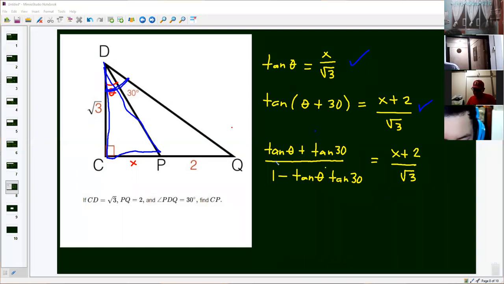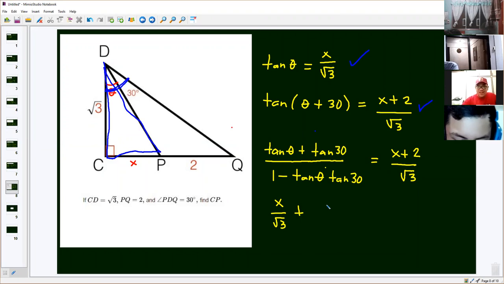Now, we know tan theta is x over square root of 3. We know tan 30, it's a special angle. And tan 30 is what? 1/2 over square root of 3 over 2. That's 1 over square root of 3, right? Yes, sir.